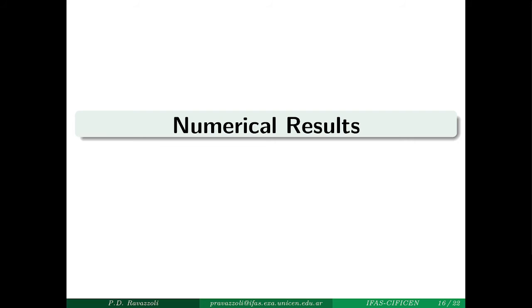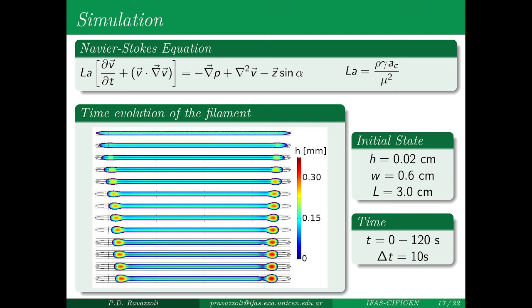Now, we use this wettability model as the contact line boundary condition in the numerical simulations. For that, we numerically solve the dimensionless Navier-Stokes equation with the moving mesh method. In the figure, we show the top view of the filament evolution, a visualization that is not possible to obtain experimentally.